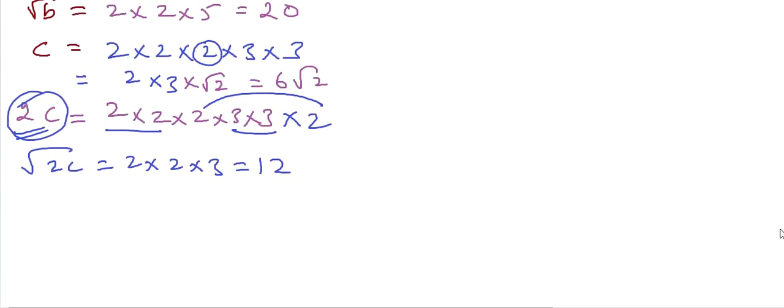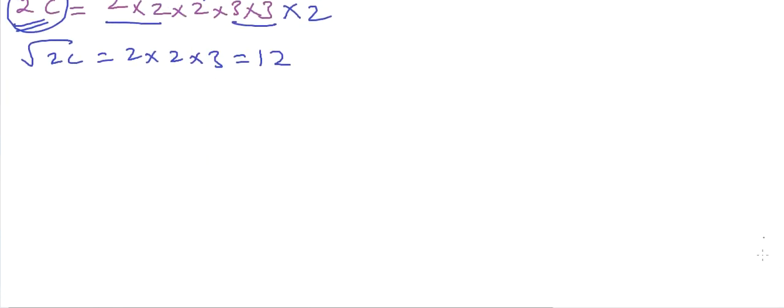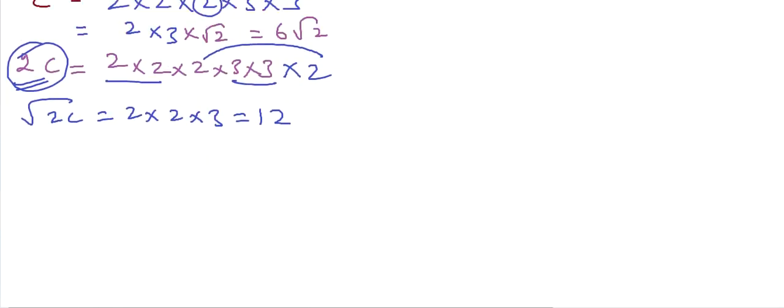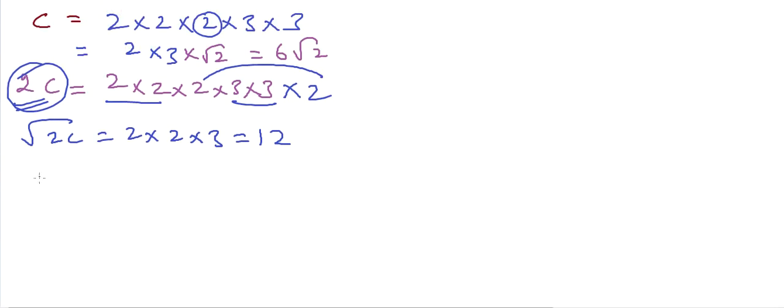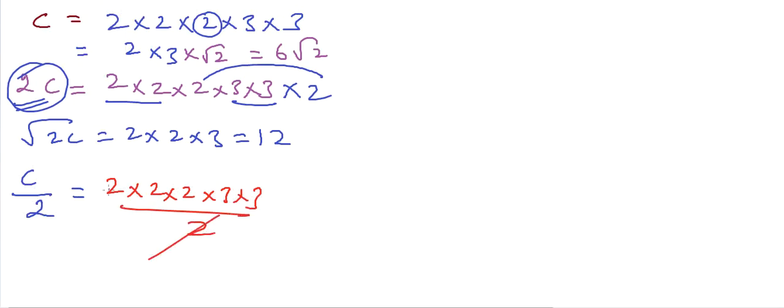Okay, similarly, if you divide c by 2, then it becomes 2 into 2 into 2 into 3 into 3 by 2. So one 2 gets cancelled. So now we are left with 2 into 2 into 3 into 3.